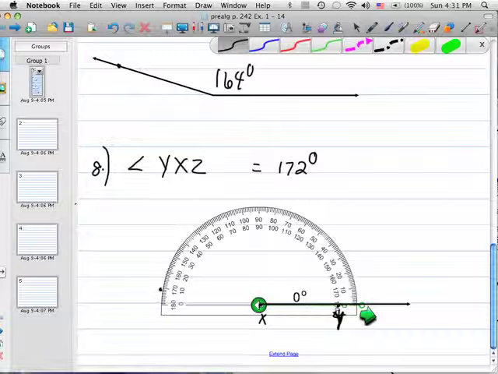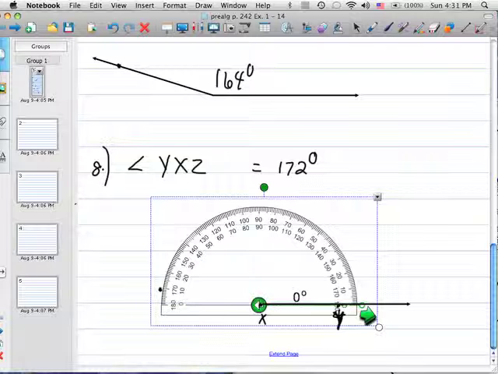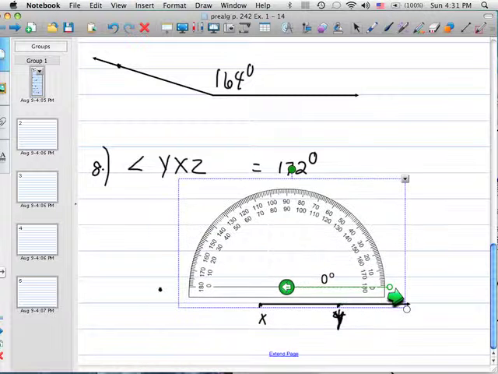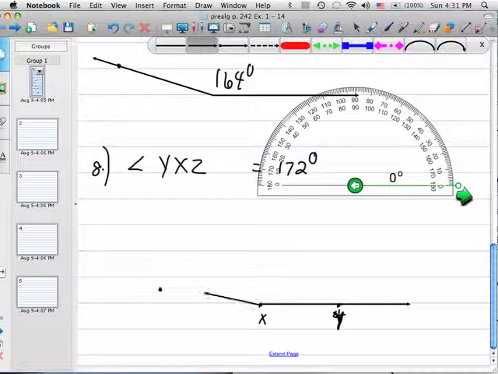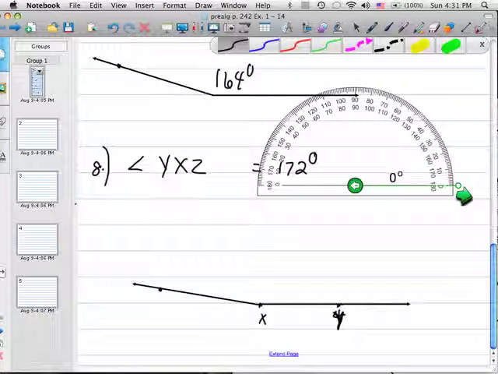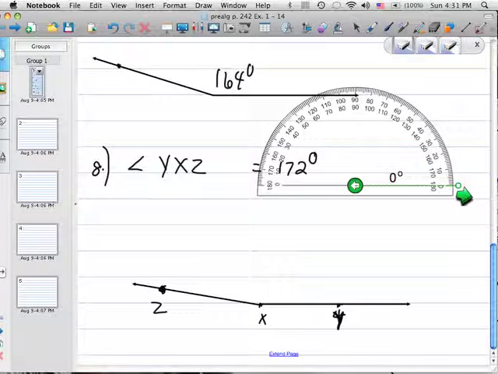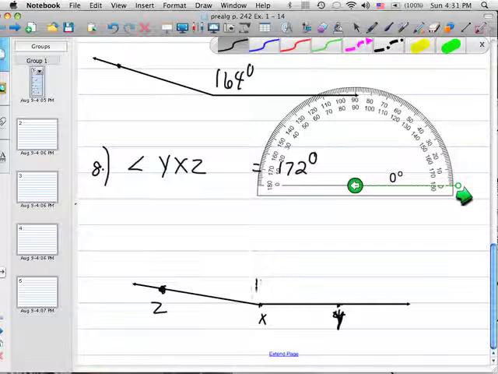Put a point there. Move the protractor out of the way. Draw a ray through that point and label it XZ. Well, you can use this point as Z. And this is our angle, which is 172 degrees.